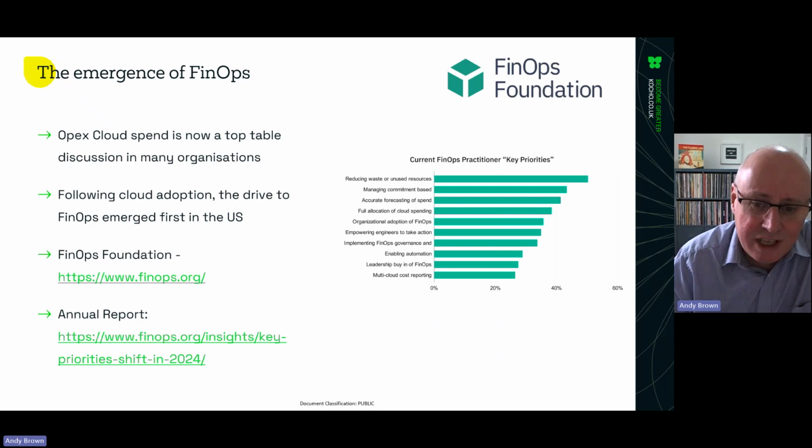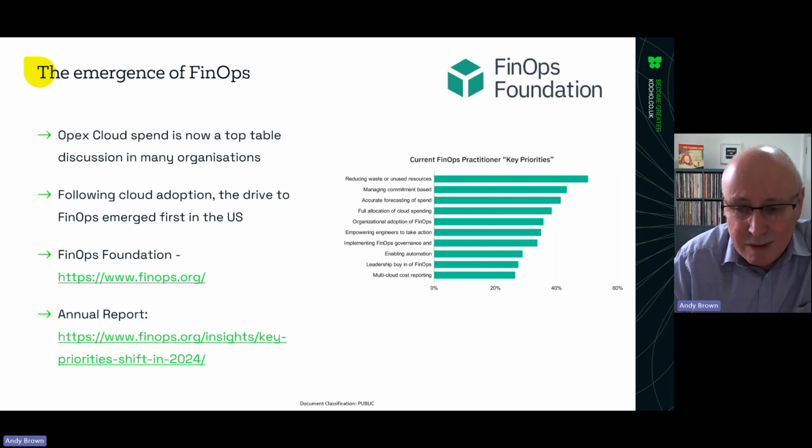There are a few things at the top there that I think are what we're seeing as common challenges when we talk with clients about this. The first one is fundamentally that we've got potential wastage or unused resources in our cloud spend. Potentially, we've got the opportunity to commit to spend and to gain savings, but we've then got to manage that in a better way.